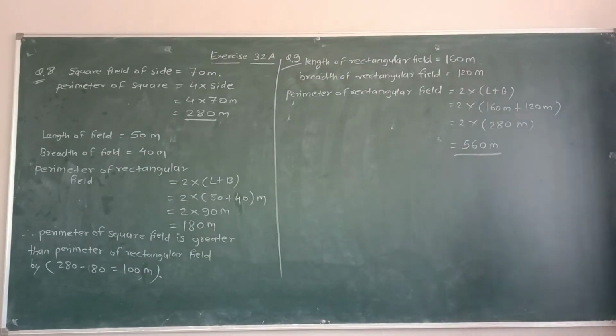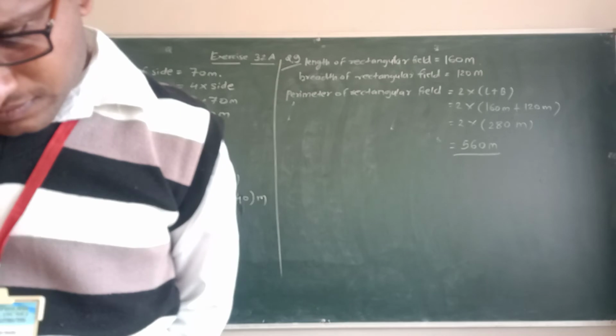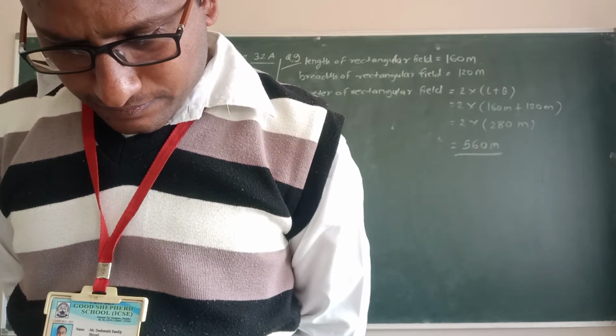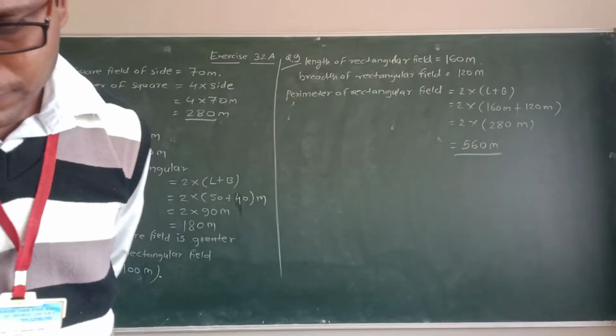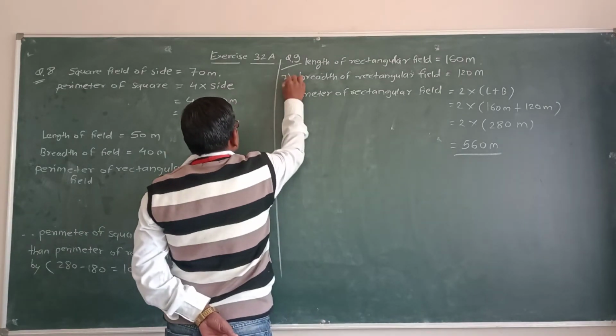This is the perimeter of the rectangular field. This is the answer to the first part.